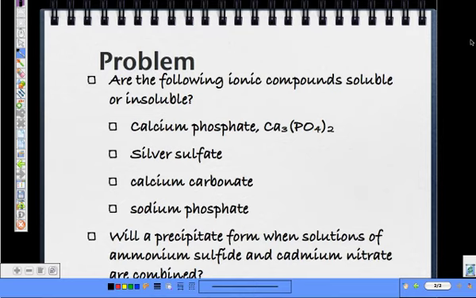Where are the alkali metals located? Far left, they're group 1, right? So calcium is not an alkali metal, it's an alkaline earth metal, so it is not an exception. So this would be insoluble, because phosphates are insoluble unless it's one of the exceptions. It's not an exception.